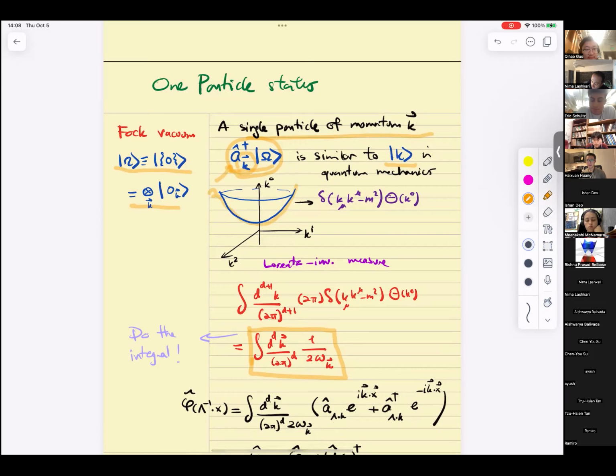Your k is restricted in this way: your 4-vector k^mu, energy and k are related. First of all, energy has to be positive, so there's a step function for k0. Frequencies have to be positive, and then you should be on shell.